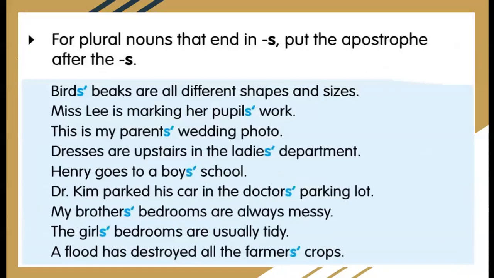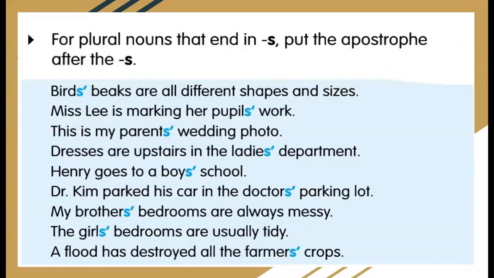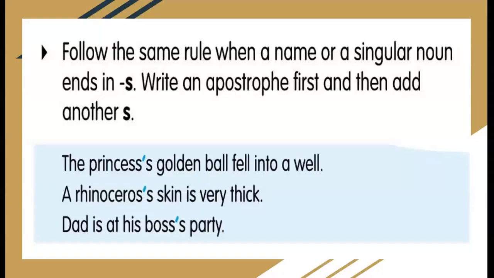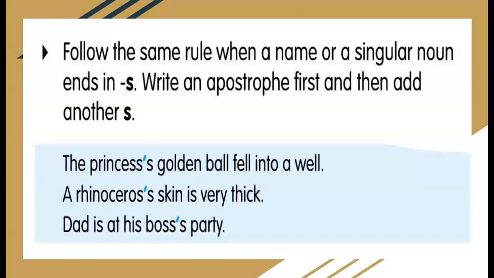In every case, like if someone owns something, or if we are talking about possession of one person or possession of two people, or a friend's home or a person's shop or office, in every case we put the apostrophe before the s. We added an apostrophe and then an s, right?